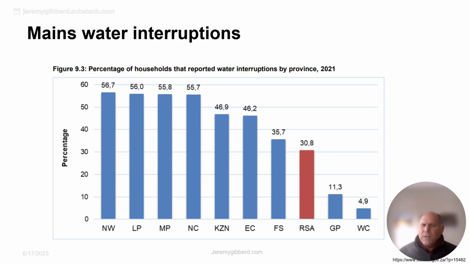For a number of reasons, old networks, limited water supplies, power interruptions are leading to interruptions at houses, schools, etc. So this particular graph shows that there are certain provinces, this is in South Africa, that have increasingly reduced reliability in terms of water.